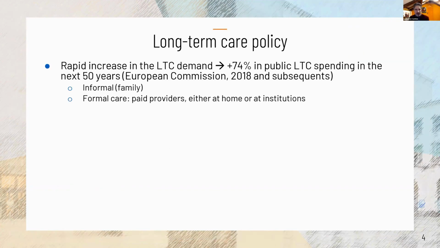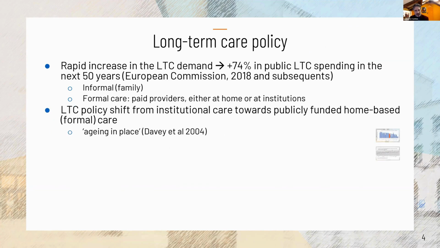Now, I don't need to restate this in this context, of course, but I will just focus on the fact that with aging populations and the focus on long-term care, and the relevance of long-term care policies in the future, there is a shift towards publicly funded home-based care from institutional care.